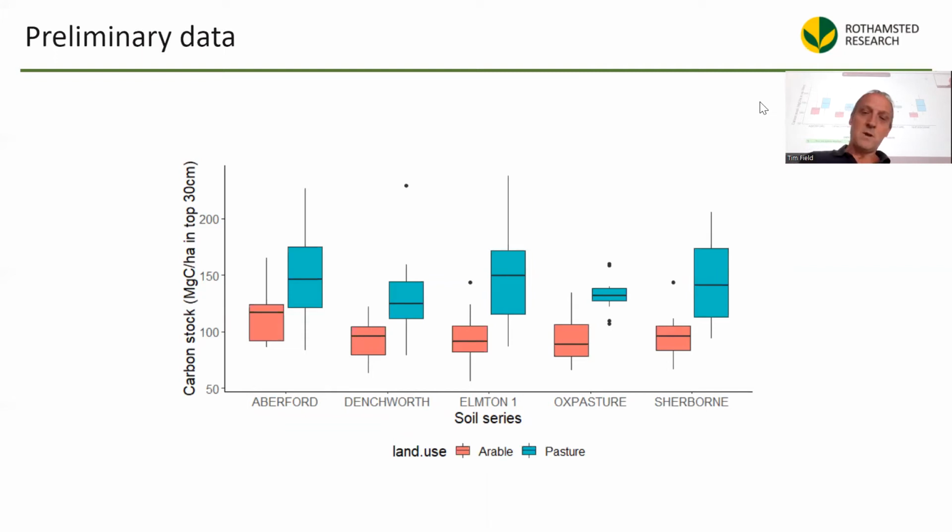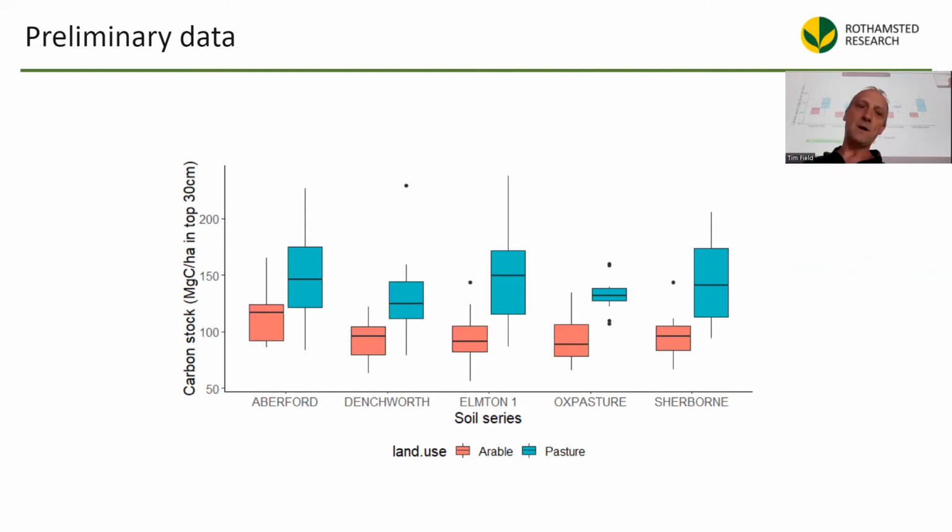I haven't got all of them up here because some of the soil series only had a few fields, so it wasn't really worth showing. And there you can see the difference between the arable and the pasture. So what I think is instructive at this stage is the ranges that we're seeing there. And because this is lab data, okay, we talked about there's a bit of error in the lab data, but most of this variance is real, to do with the management and the history of that field.